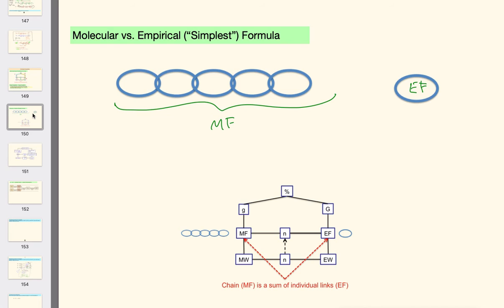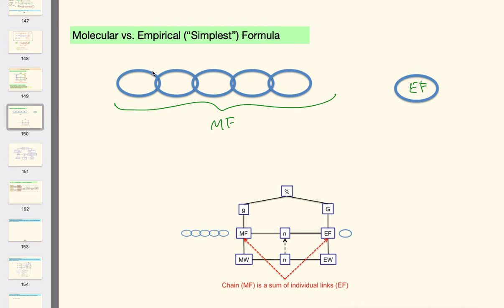Let's say you have a molecule and it's made of 5 repeating units. You can think of this as a chain, and each of those repeating units is a chain link. When you string them all together, that is the molecular formula.